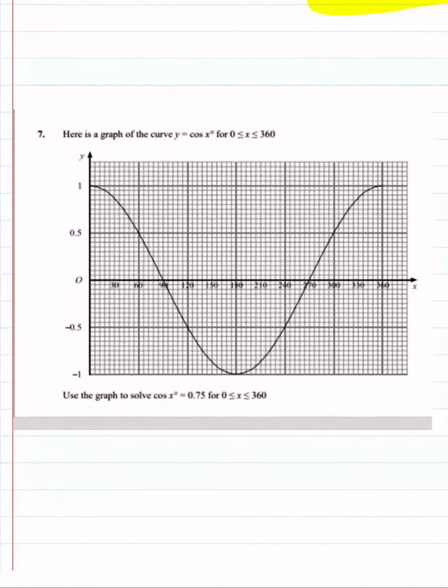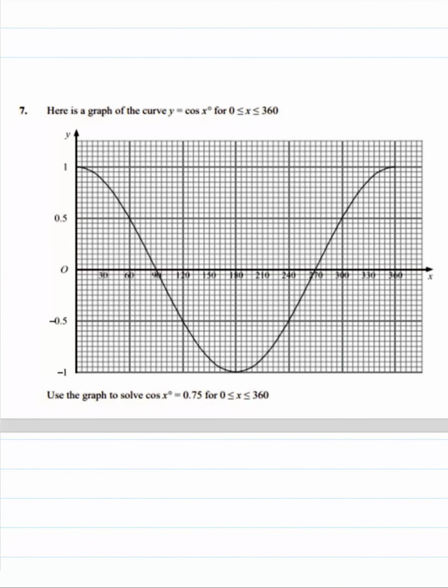Our second question gives us the curve y equals cos x from 0 to 360 degrees. We need to solve cos x equals 0.75, and I'll take you through this question step by step.